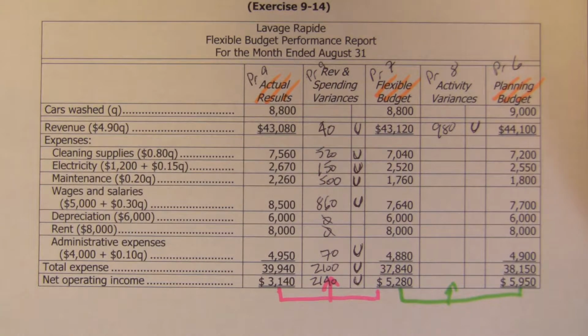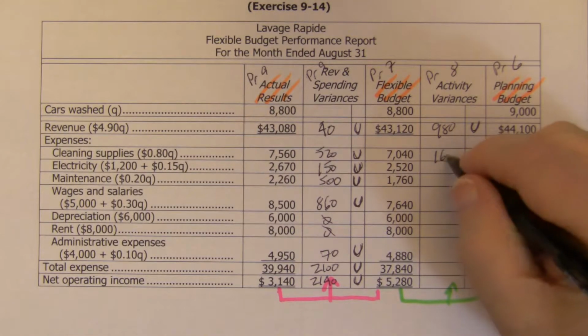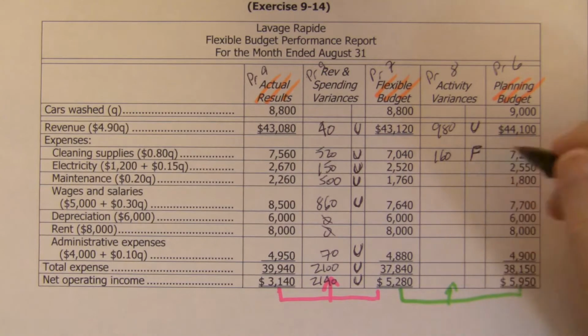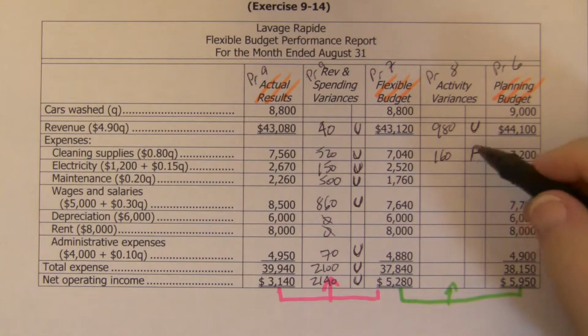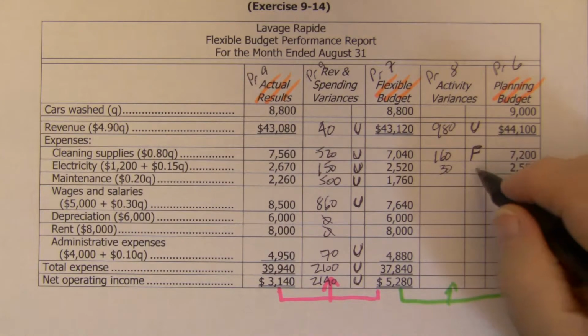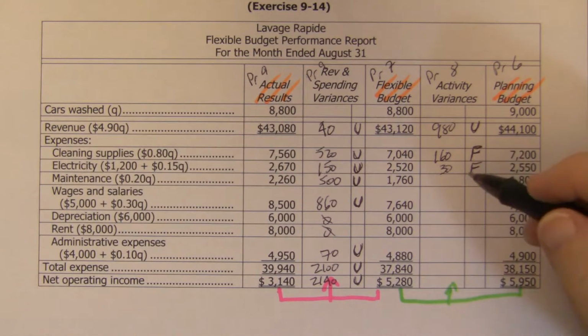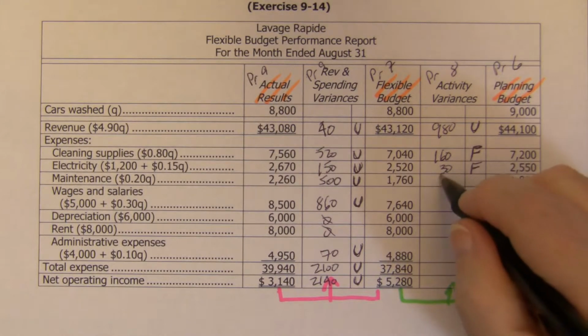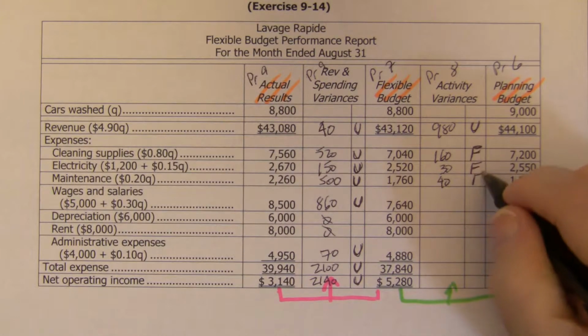You would expect to make less money. I'm okay with that. The cleaning supplies should be favorable because we did less. And it will just come right down here. This is $30 favorable for electricity. Maintenance, $40 less for favorable.